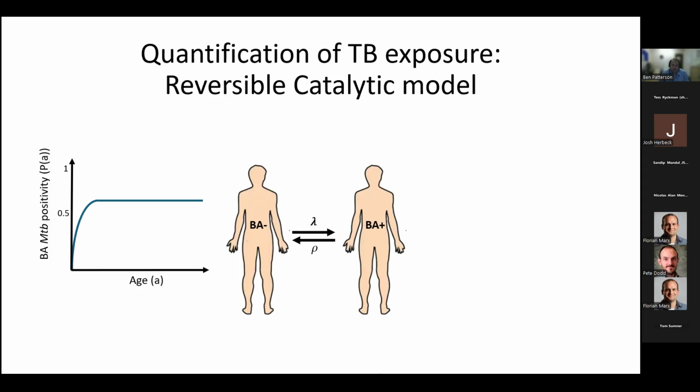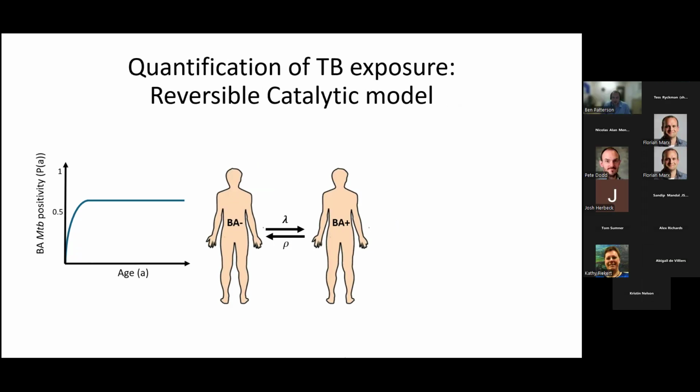So we're calling rate of exposure lambda. I've tried really explicitly in the paper not to confuse this with force of infection, because we're obviously talking about something different from infection as that's normally characterized by positive TST or positive IGRA. And then rho, which is the rate of reversion.